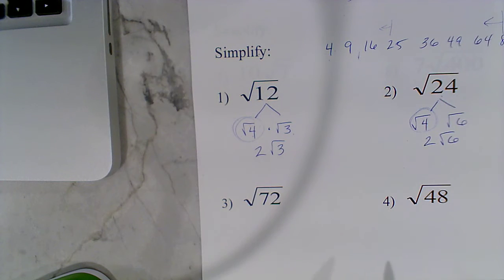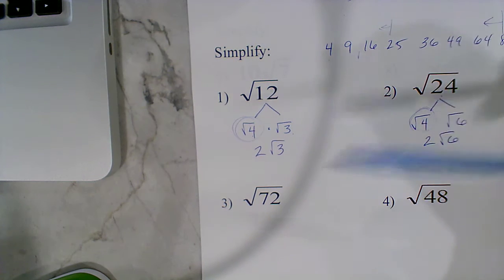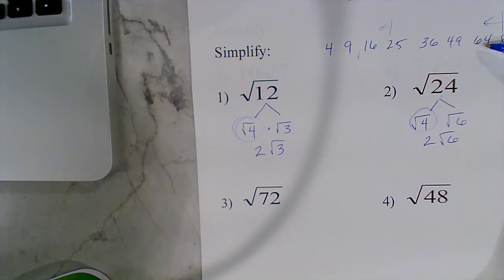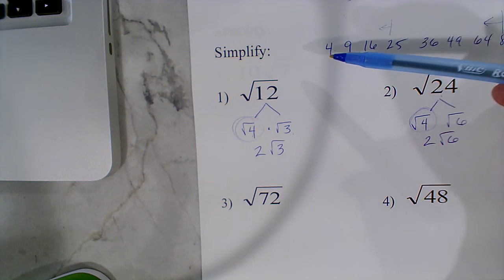Okay, so 72 and 48 are a little on the tricky side, but they're good for what we need to be comfortable explaining and you understanding. So when I look at 72, so that's here, 64 doesn't go into 72. 49 doesn't go into 72. But you know what? 4 does.